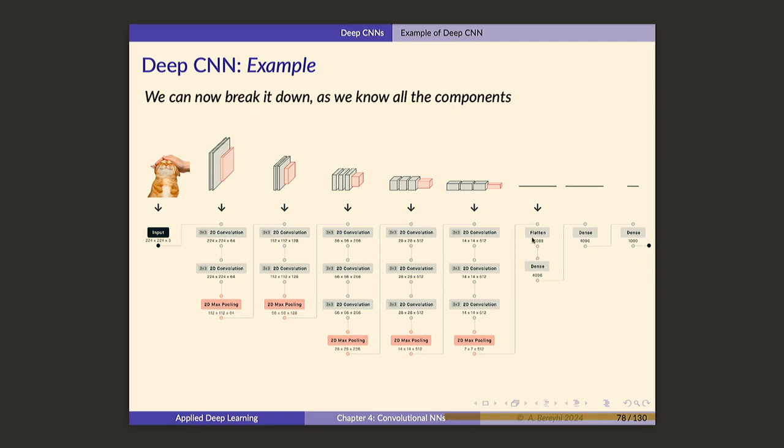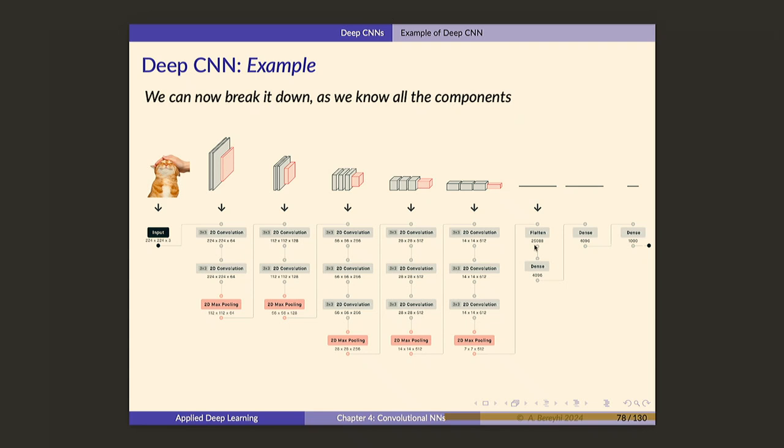Or I start giving it into a fully connected neural network. So here, the output of my last pooling is 7 by 7 by 512. And if you multiply 49, since 7 by 7 is 49, by 512, it's going to be 25,088.